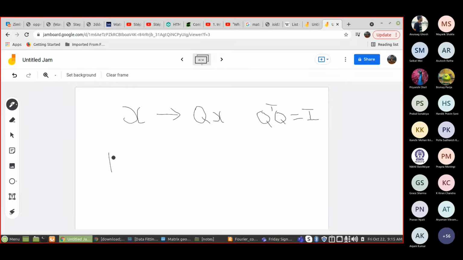Now if you want to find the norm of x, or length of x, squared, this is the same as x transpose x. And what about this quantity?